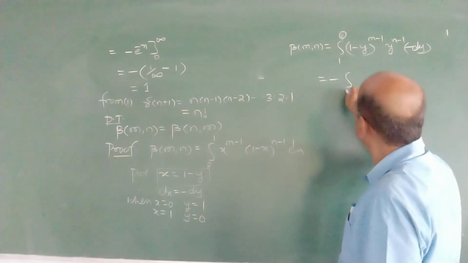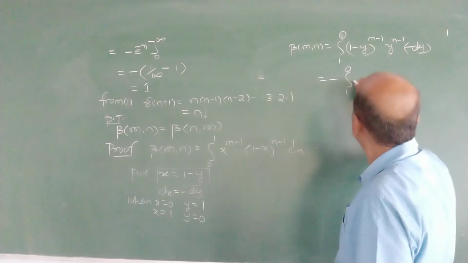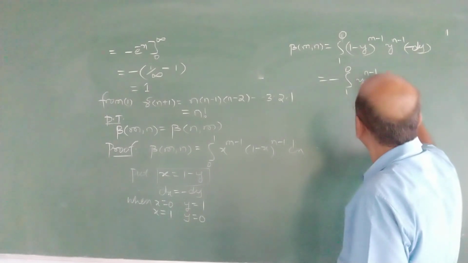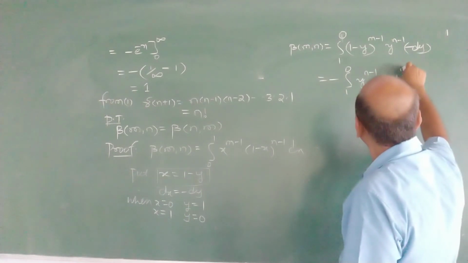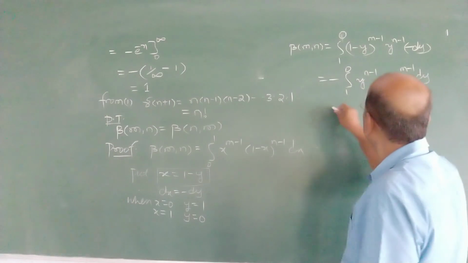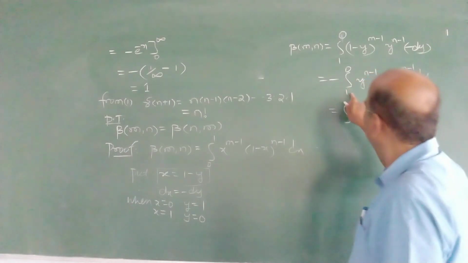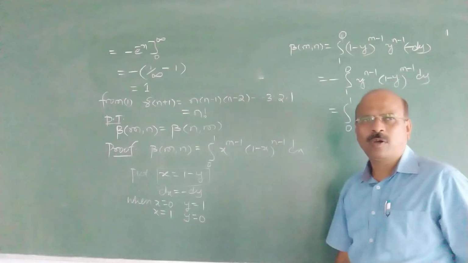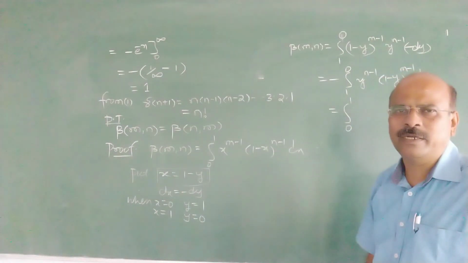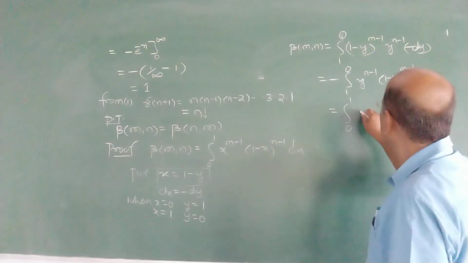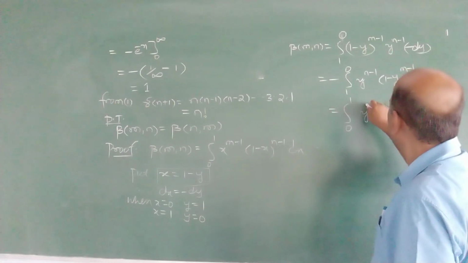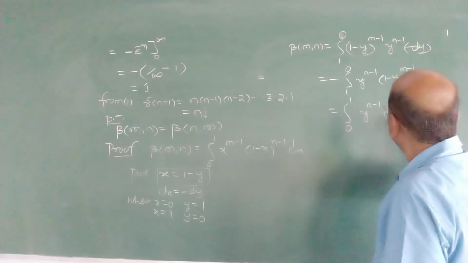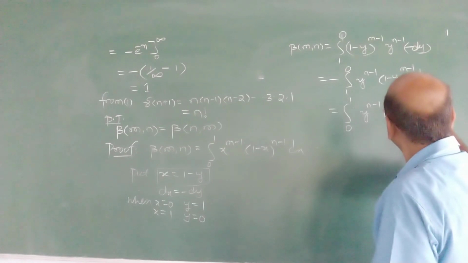Therefore, minus the integral from 1 to 0, y raised to n minus 1, 1 minus y raised to m minus 1 dy. Minus the integral from a to b is plus the integral from b to a, a property of definite integrals you have studied. So it is the integral from 0 to 1, y raised to n minus 1, 1 minus y raised to m minus 1 dy.